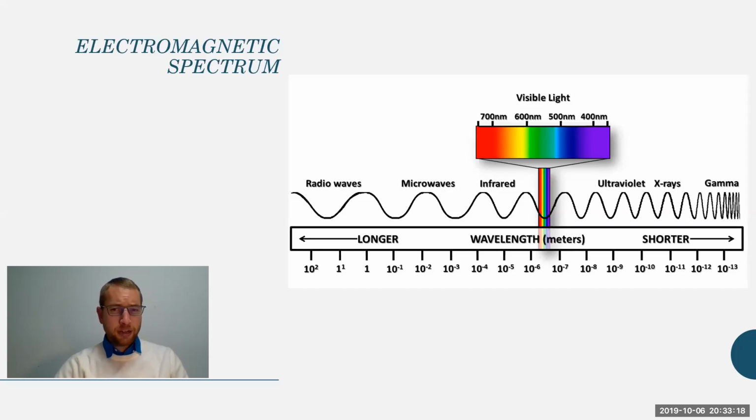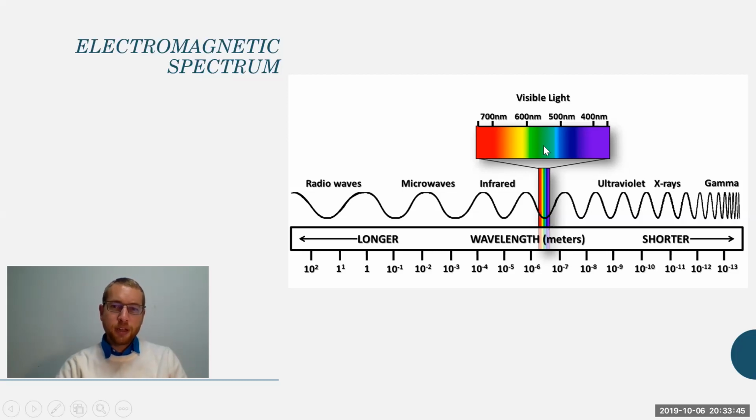So we're going to start off by just defining some terms and talking just a little bit about the physics of light. Going back to your high school physics class, remember we have the electromagnetic spectrum, where we've got a range of electromagnetic radiation, and it's emitted in different bands, and we classify those bands a little bit differently.